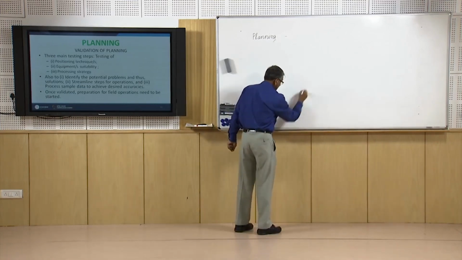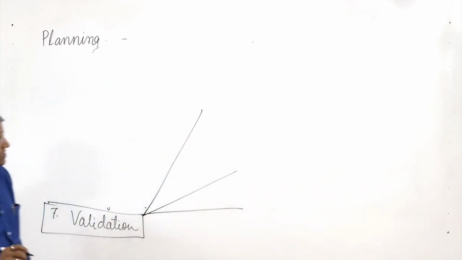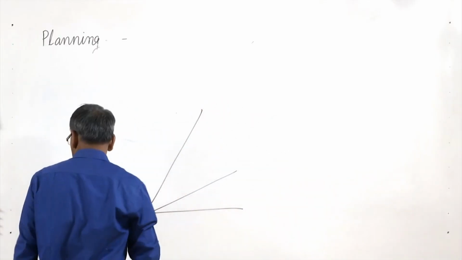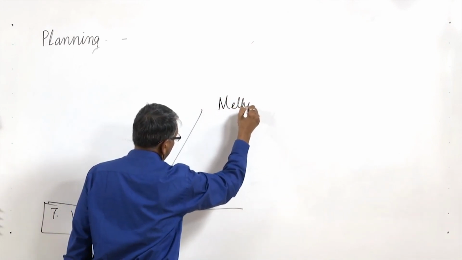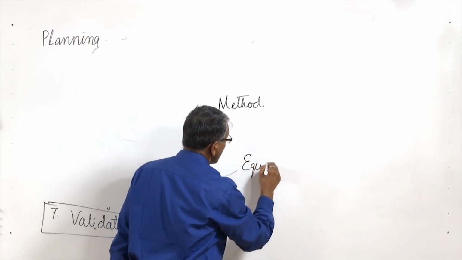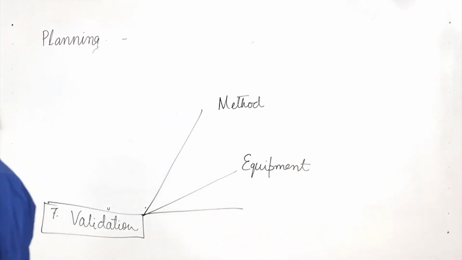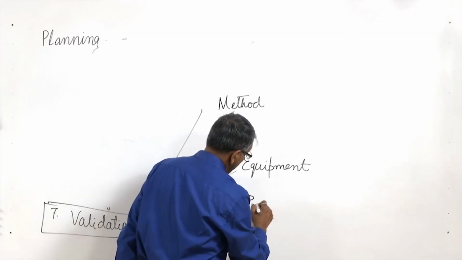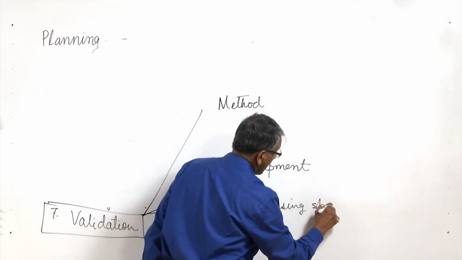The validation of planning in GPS surveying consists of first validating the method, then validating the equipment, and then validating the processing strategy.